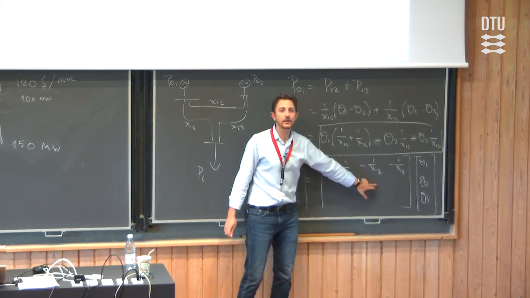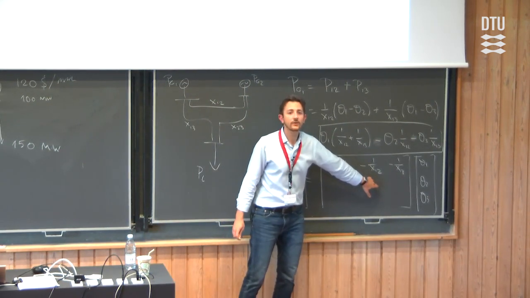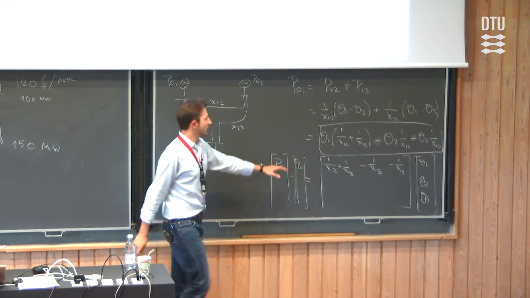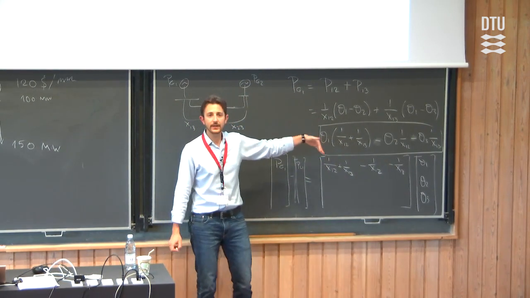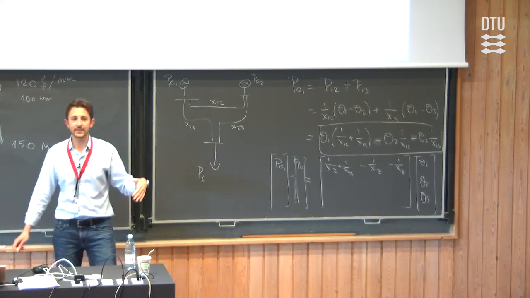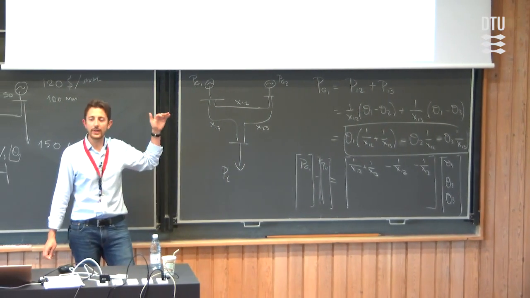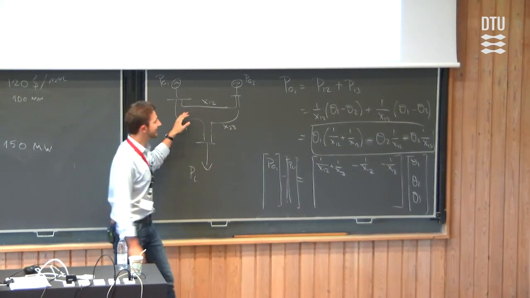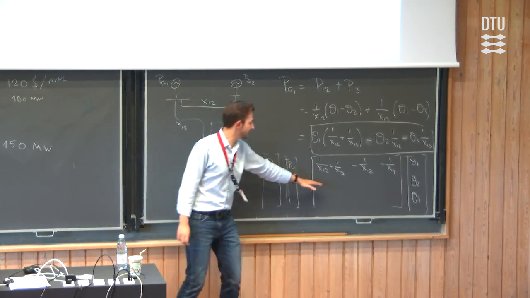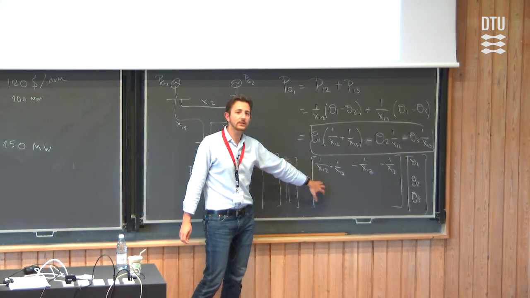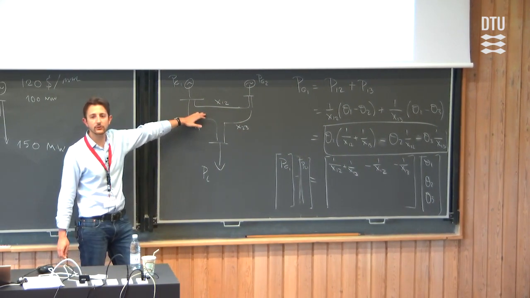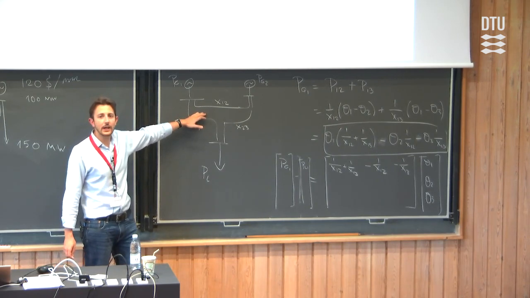Right. The sum of the susceptances. So on the diagonal, it's always positive and the sum of the line susceptances that are connected to that node. On the off diagonal is the minus of the susceptance that connects these two nodes. So here, for example, element 2, 1 is going to be the line connecting nodes 2 and 1, the minus of the susceptance. Okay. If there's no line connecting those nodes, 0.